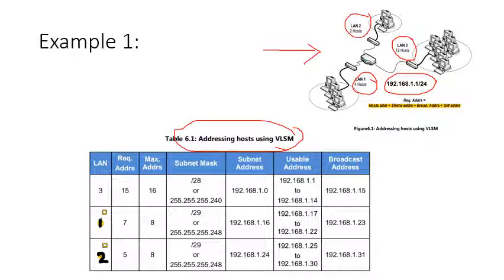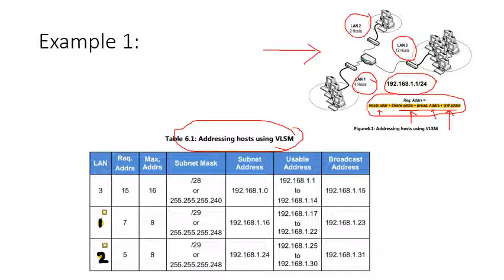First of all, you need to remember the required addresses. This is an important note: for each network you must consider the number of hosts first, plus 3 more: network address, broadcast address, and gateway address.